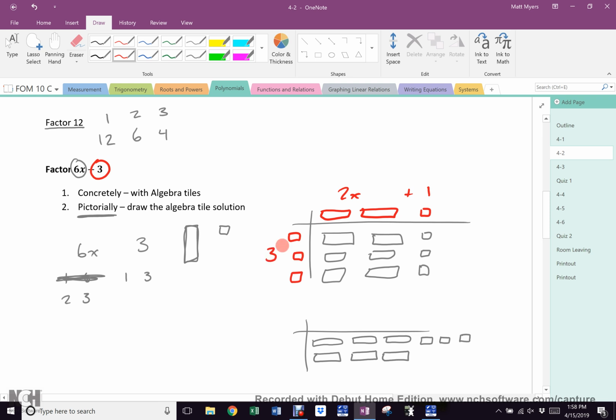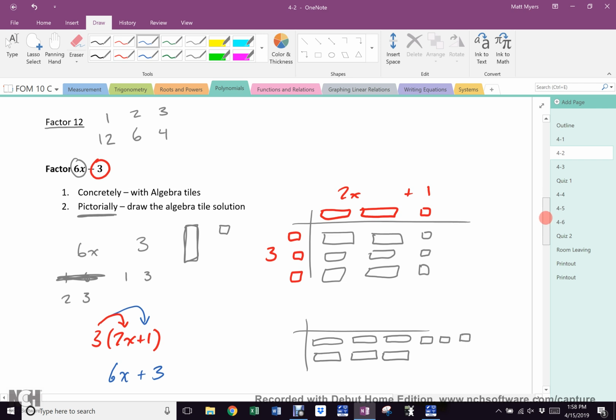Now we check. We guess that our factors are 3 and 2x plus 1. Is 3 times 2x indeed 6x? Yes. Is 3 times 1 indeed 3? So the factors of this are these. Is everybody cool?